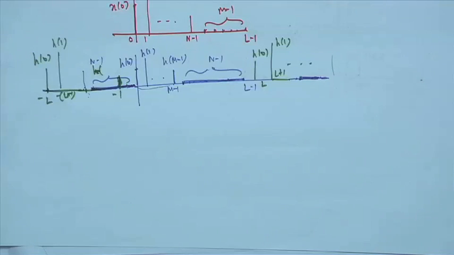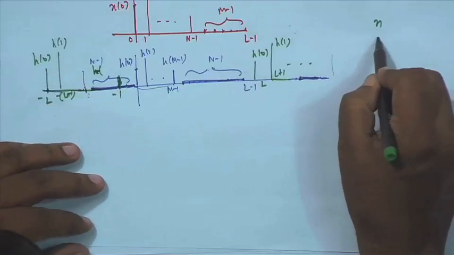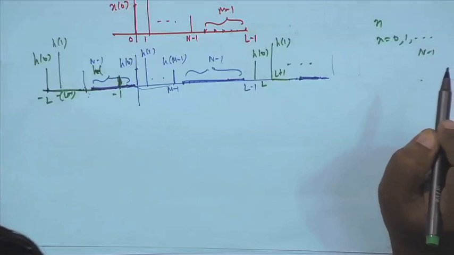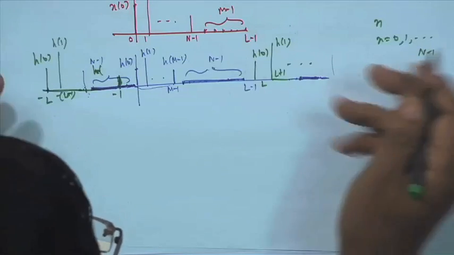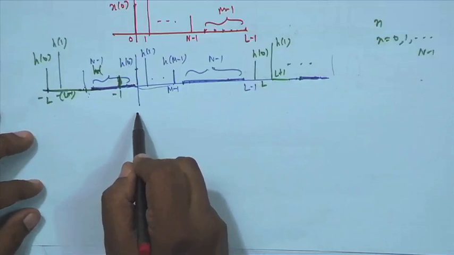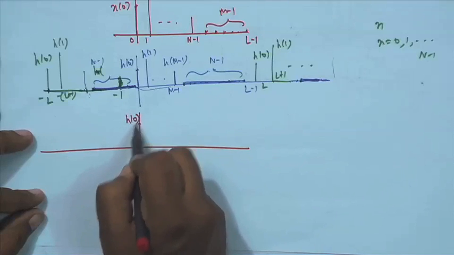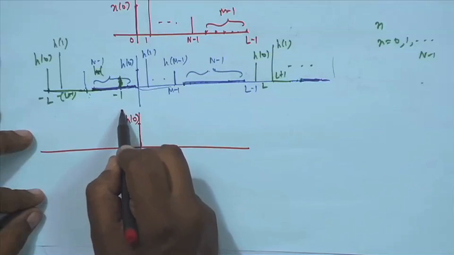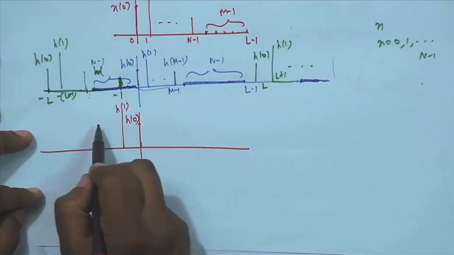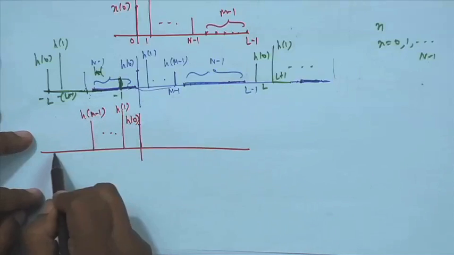This is the situation. Now, you have to find out convolution at an index n from 0, 1, dot dot dot, up to n minus 1. This is the business. So, I will be flipping it and then shifting. If I flip it, H 0 remains here, H 1 goes here, dot dot dot, then this 0 pad.